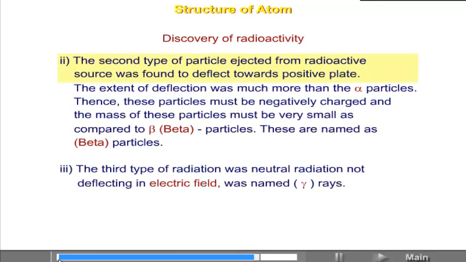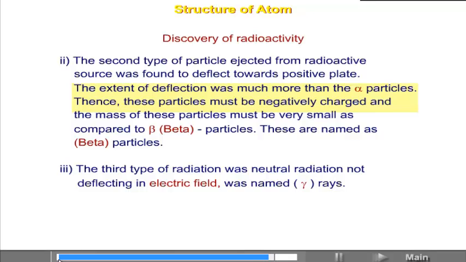Second one, the second type of particle ejected from the radioactive source was found to deflect towards the positive plate. The extent of deflection was much more than the alpha particles.